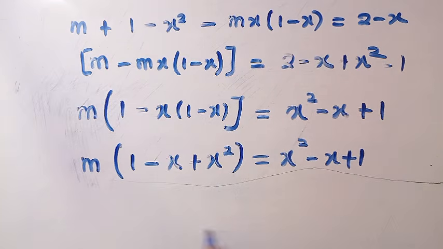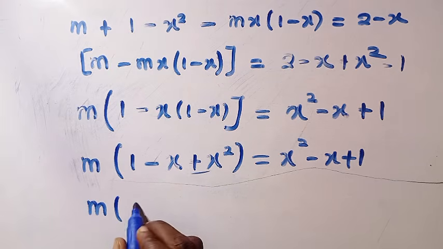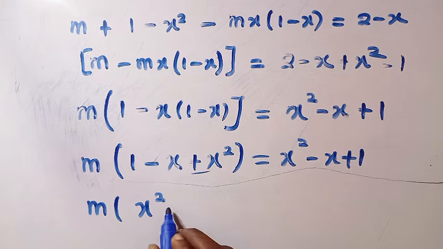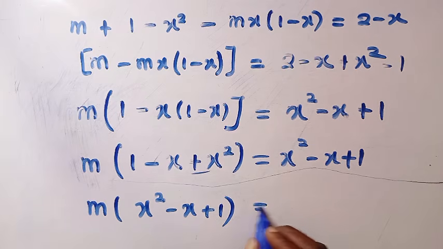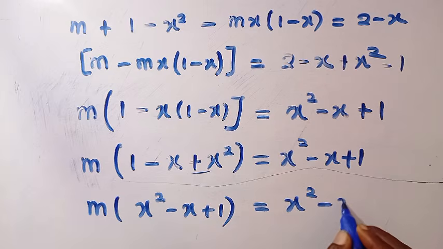At this point, we have something that cancels out. So let's arrange this first. We have m bracket x squared minus x plus 1, still the same thing, and this equals x squared minus x plus 1.